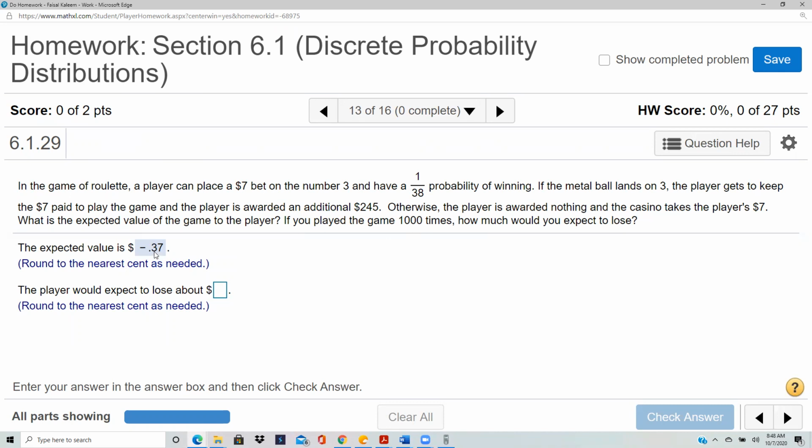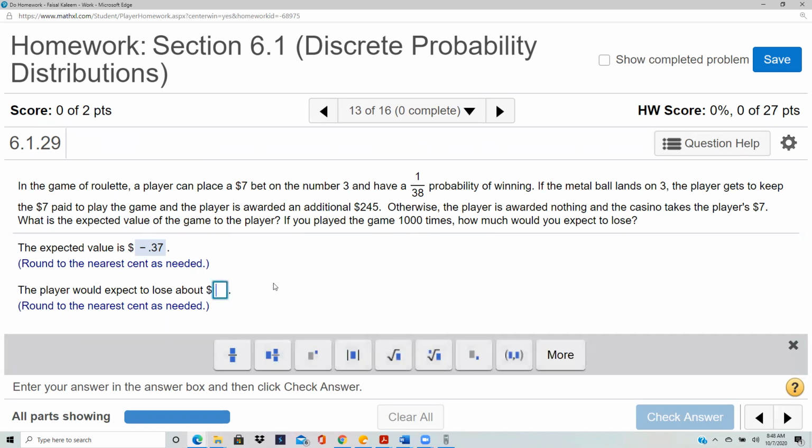So that will give you 370. You don't have to put the negative now because they say, what are you going to lose? So that lose already contains the negative in it. So 0.37 times 1,000 is 370, which means that if you play this game 1,000 times, you will overall lose $370.